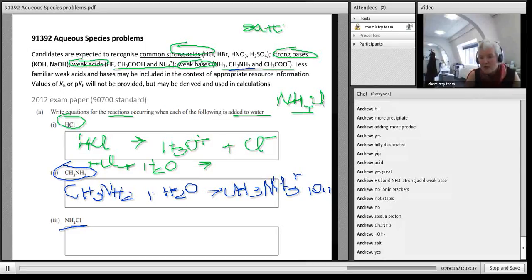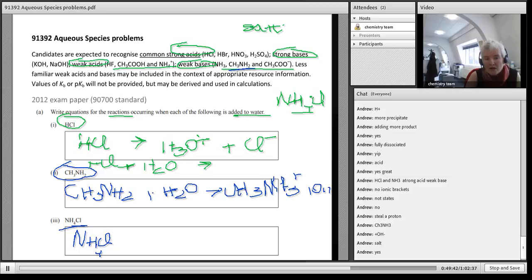Yes, because remember your solubility rules, GRAN, group 1, ammonium and nitrates, they're all soluble. So what this does, when I put ammonium chloride in water, then I'm going to make, there's a 4 missing over there.